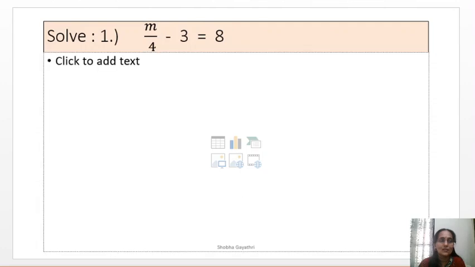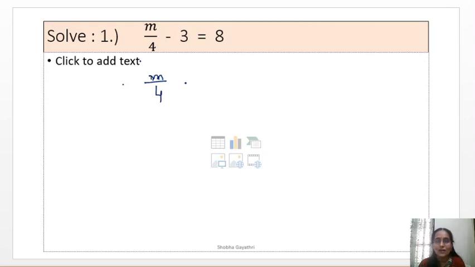Yeah, read the question. Meanwhile, I'll change my pen color, everything. M divided by 4 minus 3 equals 8. How will you start now? There are two terms on the left hand side of the equation, right? Now, the first term is associated with the variable m.